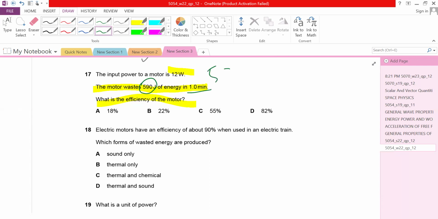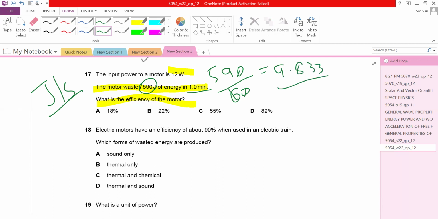For each second, you will calculate 590 divided by 60 seconds, as the SI unit is joules per second. It would give 9.833. So this is the energy wasted in 1 second.